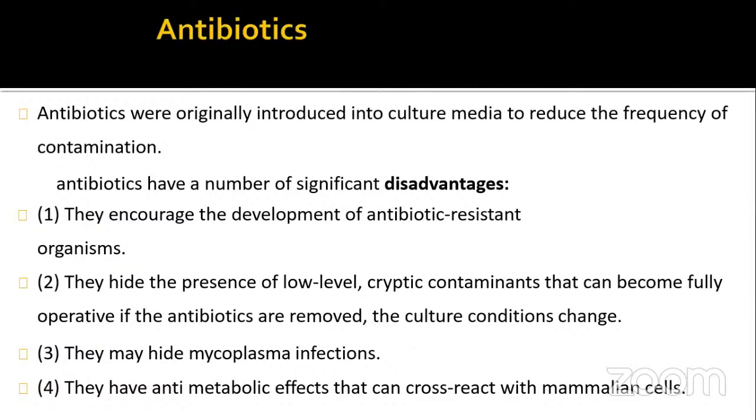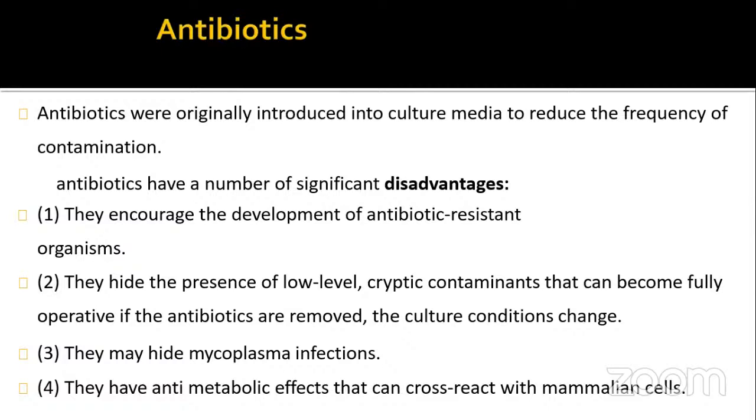Suppose at any time you do not add the antibiotic, immediately you can see powerful contamination. Whatever low-level bacteria is there will increase. And it will also hide a mycoplasma infection. Even if the mycoplasma is there, because of adding antibiotics, you cannot see that.